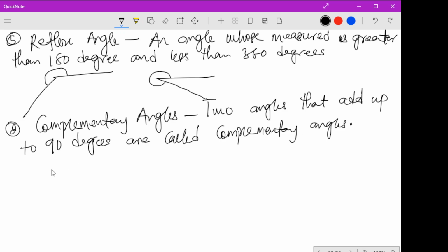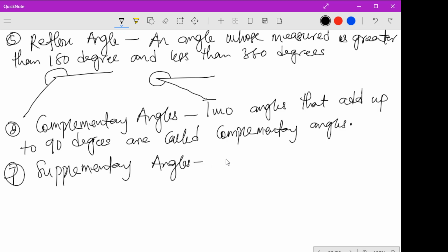You also let us know that. So that's just complementary. Let me give another one. We have what we call supplementary angles.